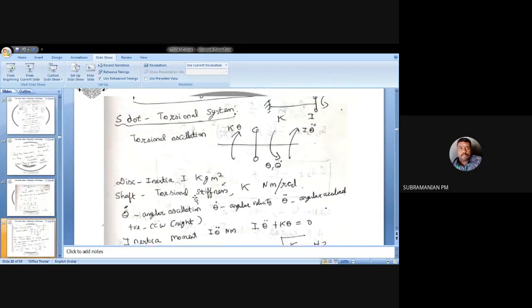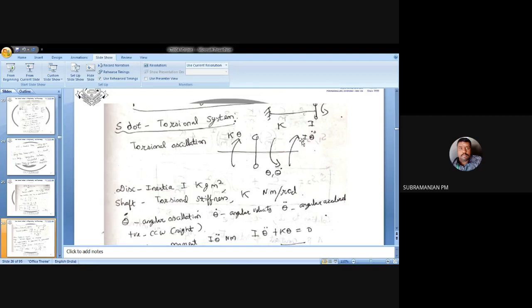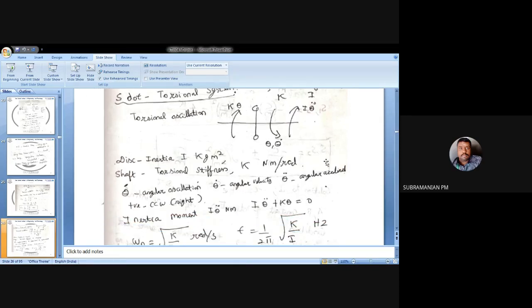And you can see we are having what? Torsional system. That is, you will be having a torsional system. Instead of mass, I will be taking inertia, and instead of the shaft, I will be taking the stiffness, torsional stiffness. So mass will be replaced by inertia. That will be mass moment of inertia, kilogram meter square.